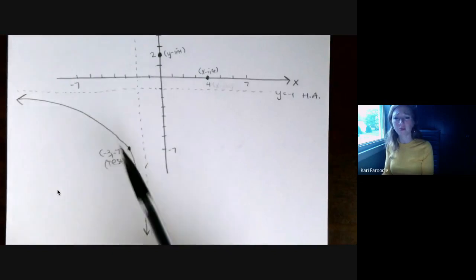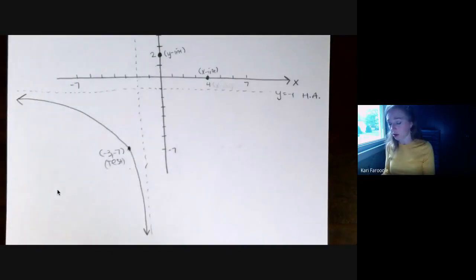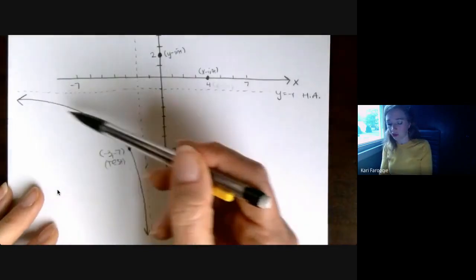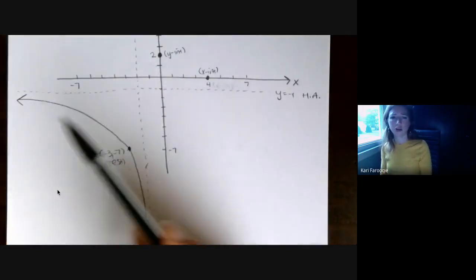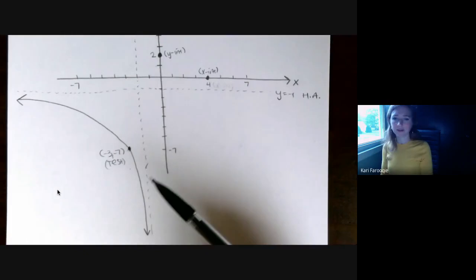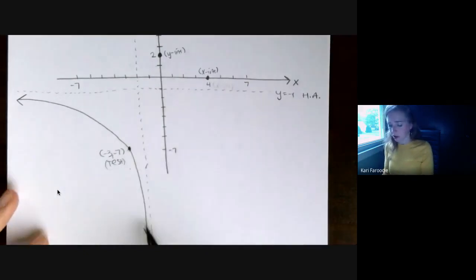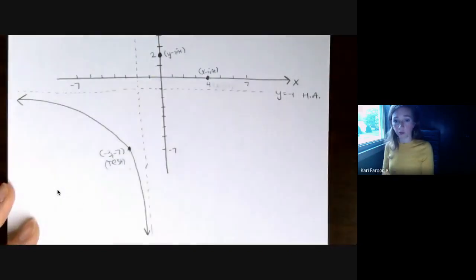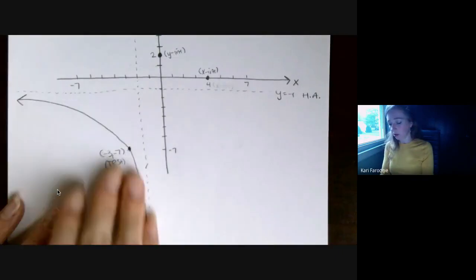I want all the important stuff labeled on here. And I want the important stuff to actually be on your graph. But as far as having each and every little point and getting the exact y value, it's not important. The important thing is that you understand the general behavior that's occurring in between these key pieces of information. We're going to work on the other side of the graph, but before I do that, are there any questions about this piece?